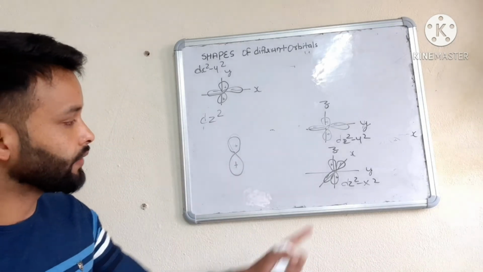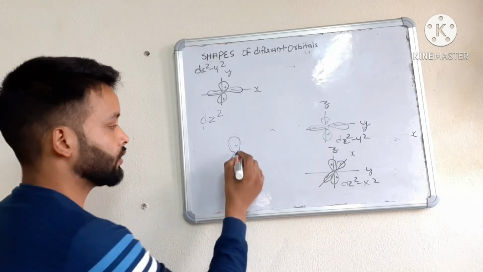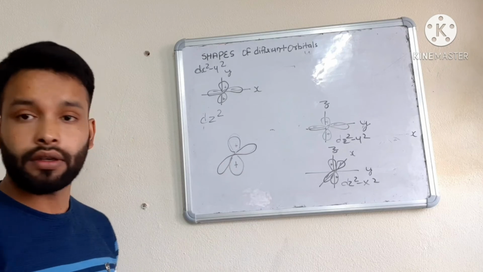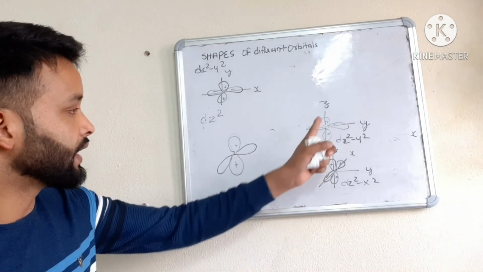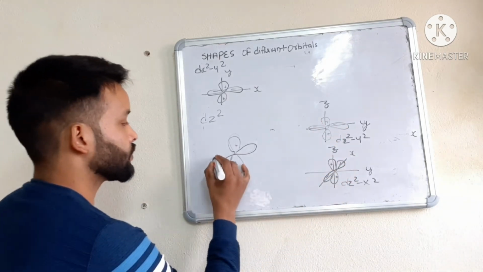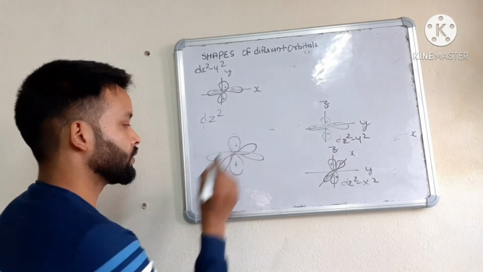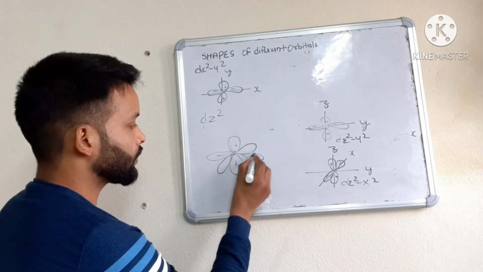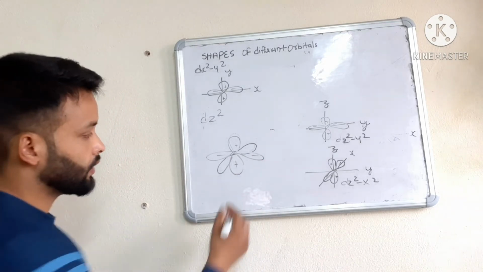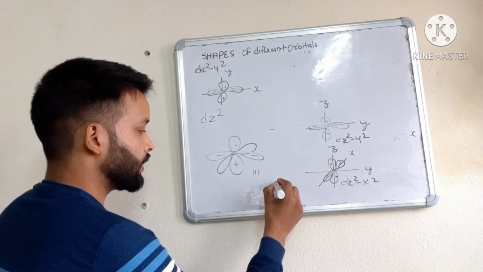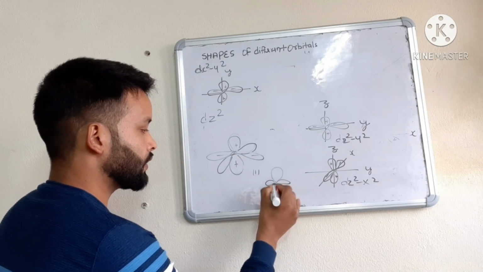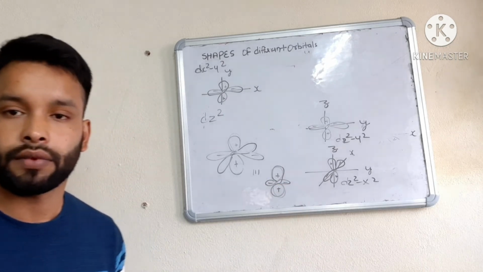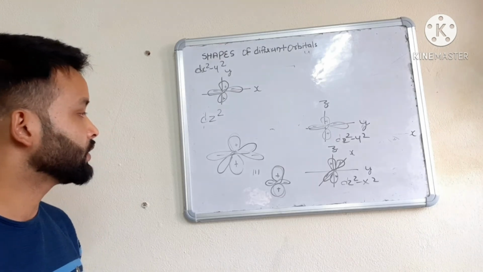After that we have x square here also, and then z is done, x is done, then we have y also. So in general this diagram looks like this. In this manner you can write it. So this is dz square.